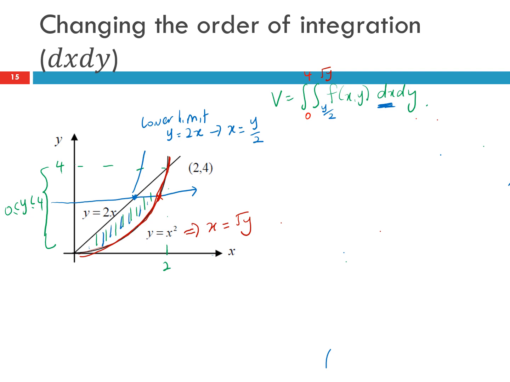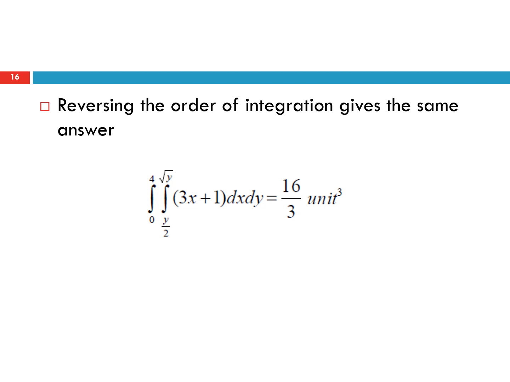So we have V equal to double integral f(x,y) dx dy, where x is from y over 2 to square root of y, and y is from 0 to 4. Actually if you solve the integral, you will have the same answer. You can try it later.